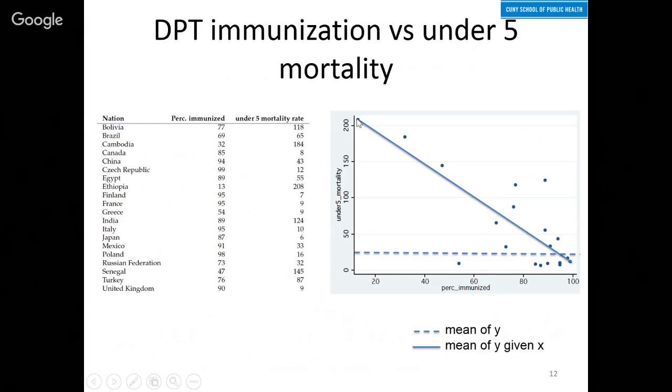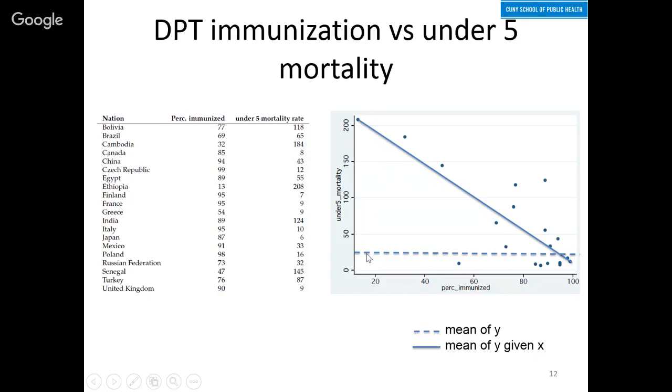If you just look at the under 5 mortality, you see variation between 7, I assume this is per 100,000, and 208. So that's Finland to 208 per 100,000 in Ethiopia. And you see that variability here in the scatter plot, but using DPT immunization on the x-axis does account for a certain amount, but not all of this variability.